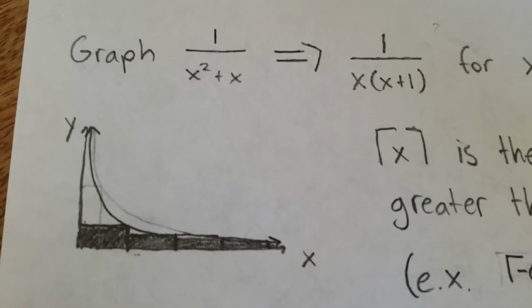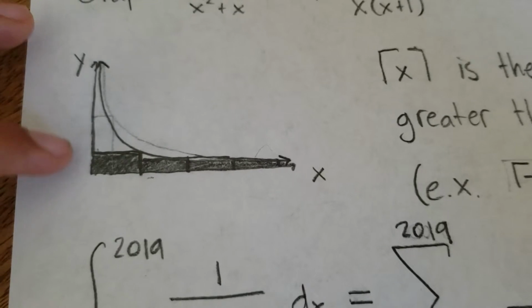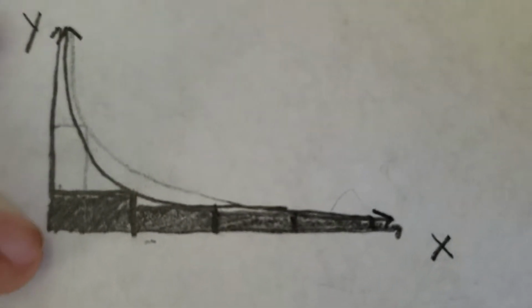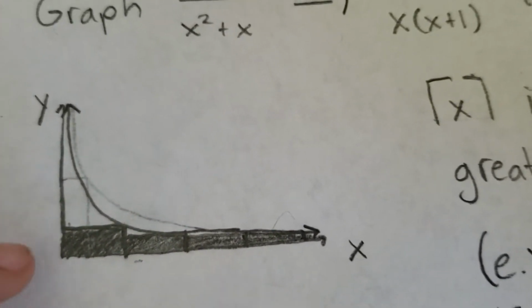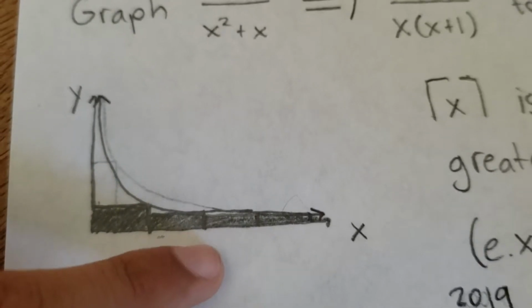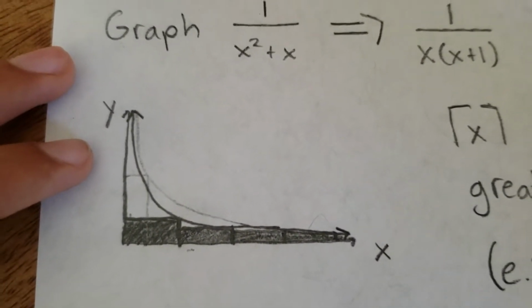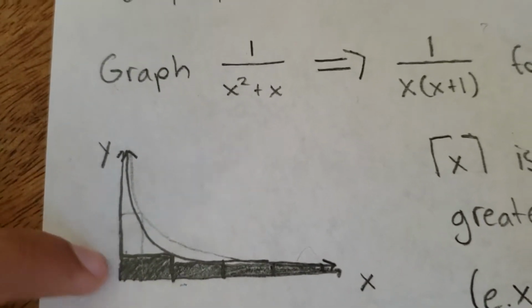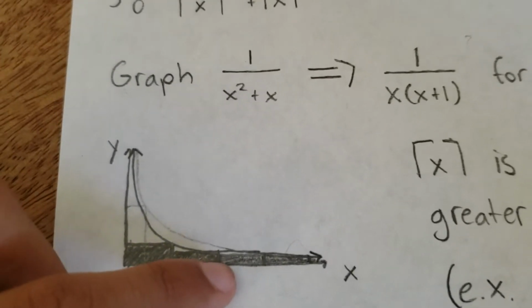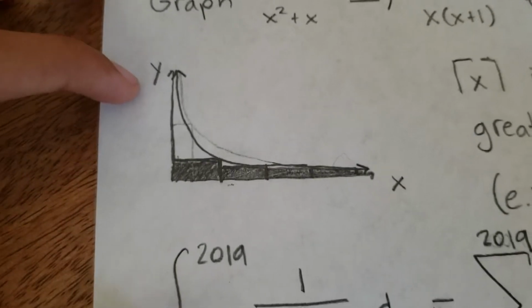That's a different question. The area of a rectangle is just width times height, and the width here is just 1 because the difference between two consecutive integers is just 1. From 0 to 1 is just 1. 1 to 2 is just 1. 2 to 3 is just 1. Now the height is something different. The height here is 1/2. Height here, 1/6, etc. So for the height, we can generalize.